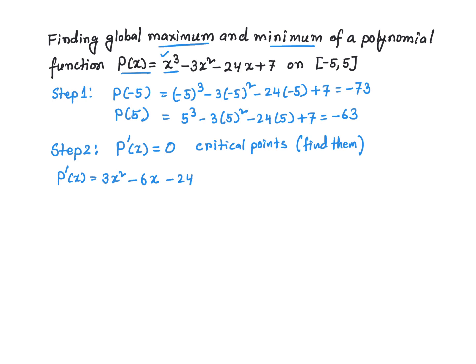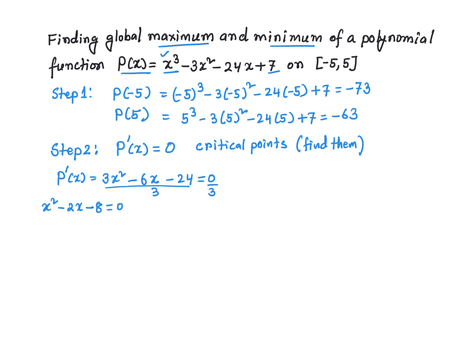So there's going to be negative 24 plus derivative of 7, which is going to be 0. And then I set it equal to 0. So now I could divide everything in this equation by 3. Divided by 3, that's going to give me x squared minus 2x minus 8 is equal to 0.